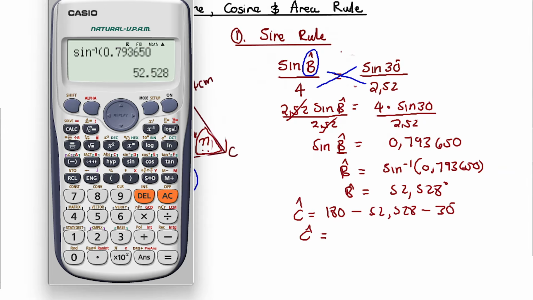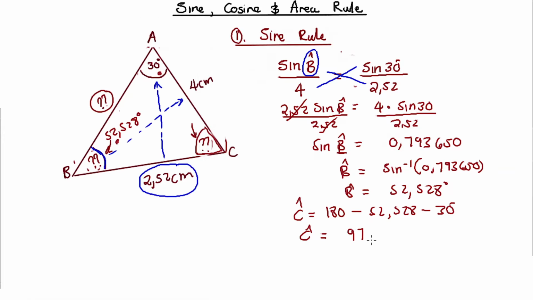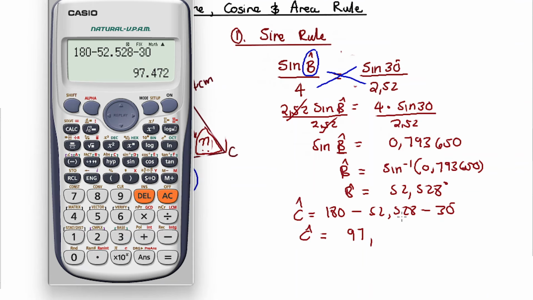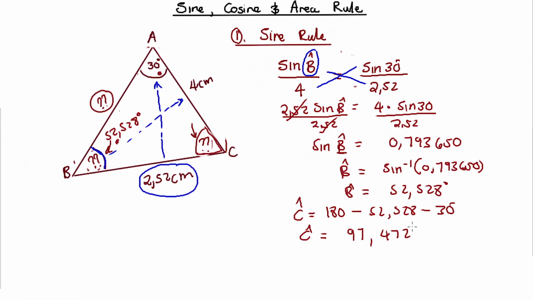Angle C is 97.472 degrees. Now I have the angle C, that's 97.472 degrees.